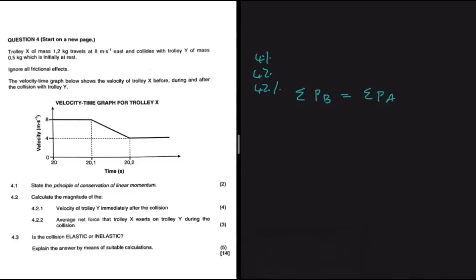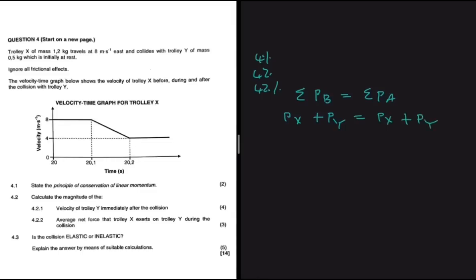So what is the momentum before a collision? We're going to have the momentum of trolley X plus the momentum of trolley Y. And then after the collision, we're going to have the momentum of trolley X plus the momentum of trolley Y, right?